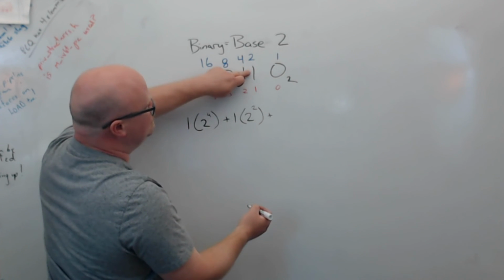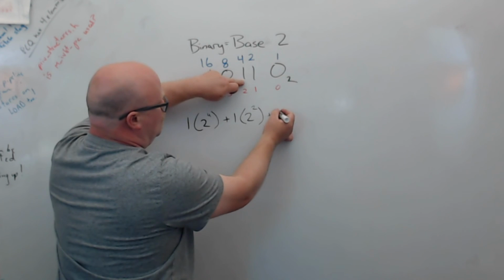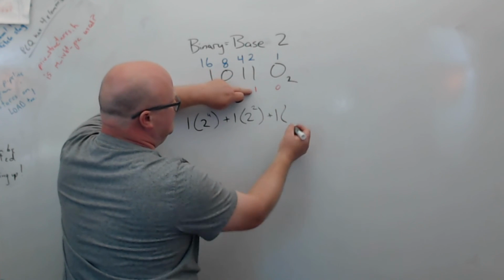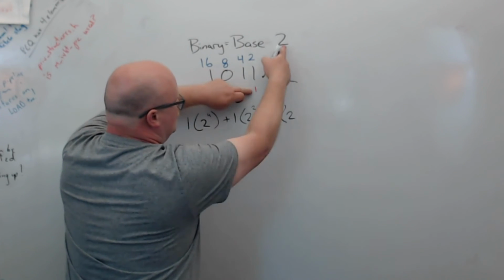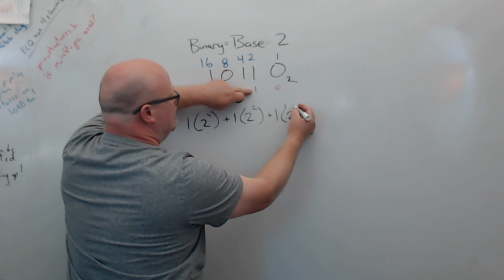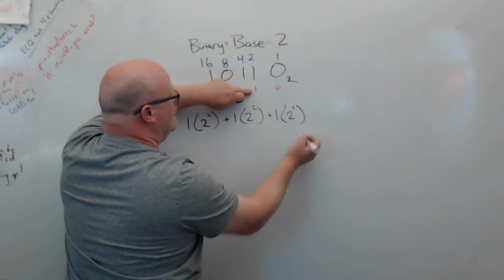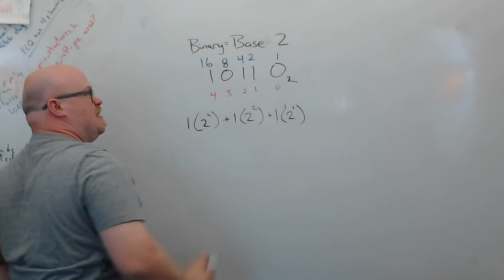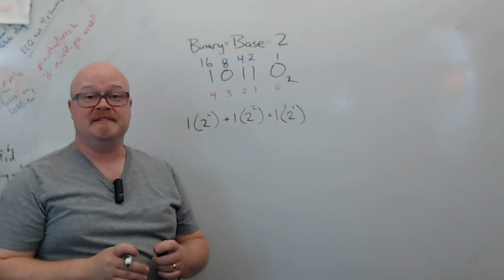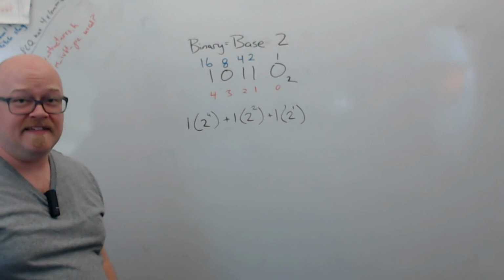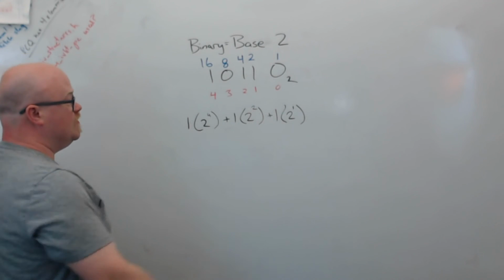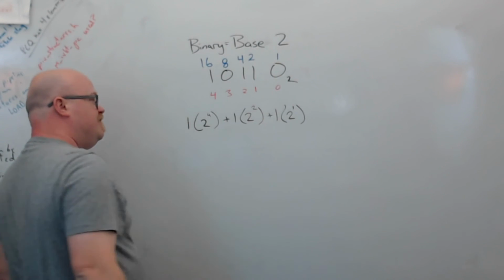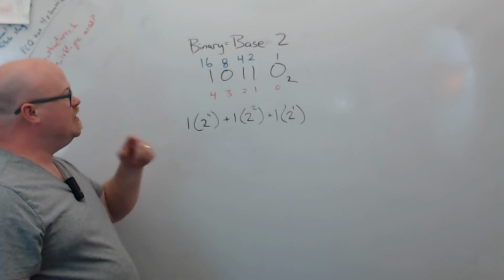Plus, here's another coefficient of 1, 1 times the base 2 to the position numbered power, 1. And then we won't bother adding the value of the position with the coefficient 0 there at the end. And so this is the complete coefficient base exponent form of this number here.